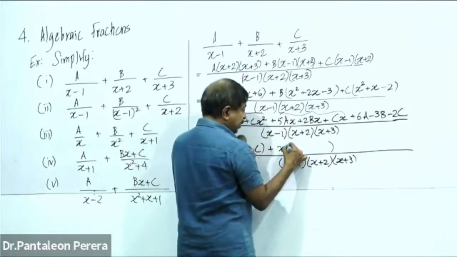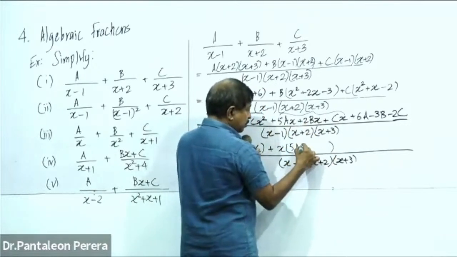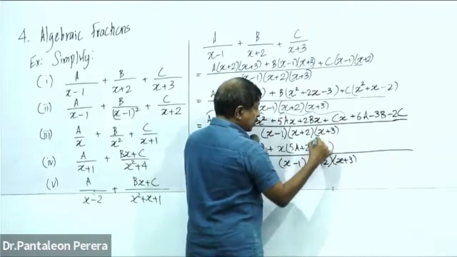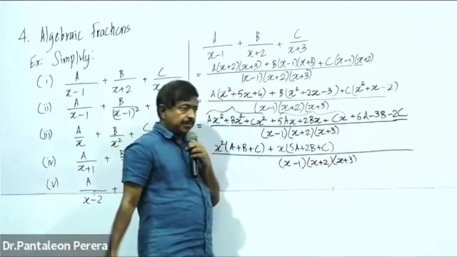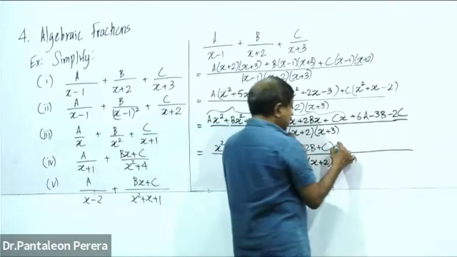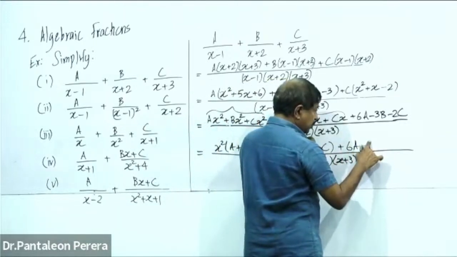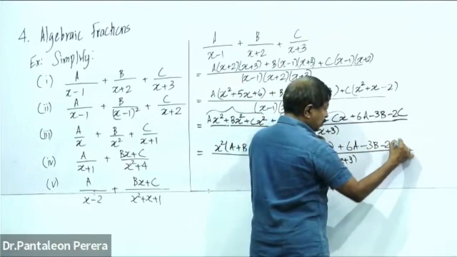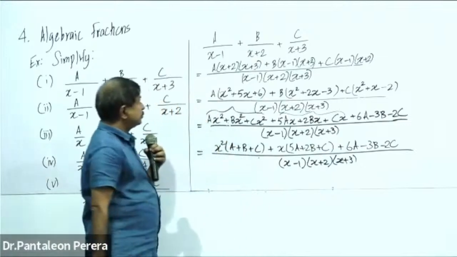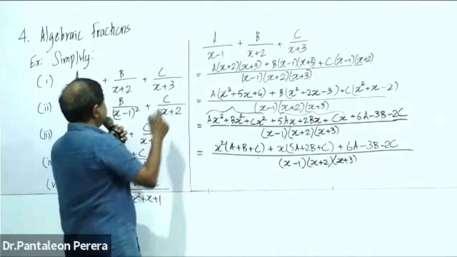You get 5a plus 2b plus c. Right? So you have to leave the answer like that. That is the first one.